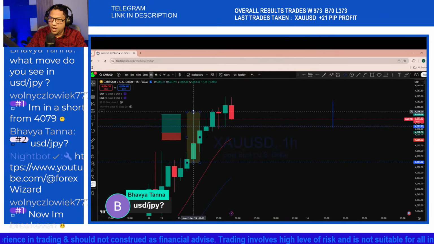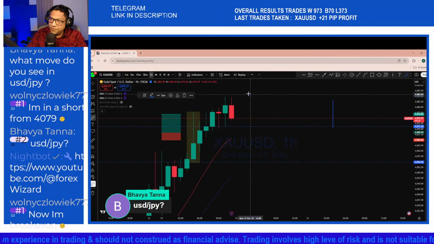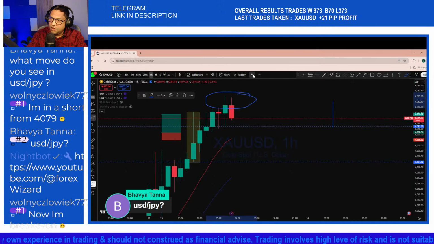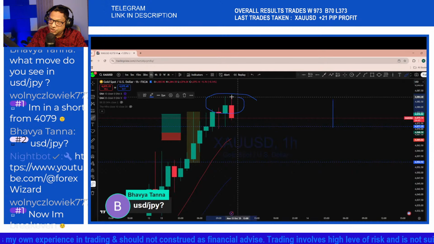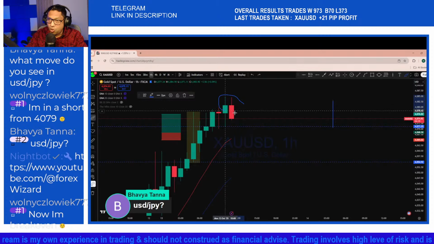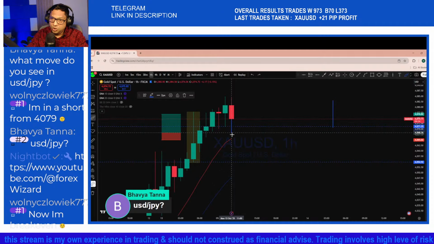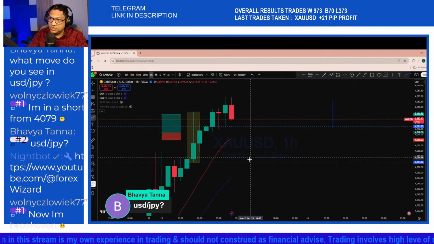This is where the price extended above resistance, an overextension to the upside, and with that overextension, we can expect the market to potentially drop to this support level here.